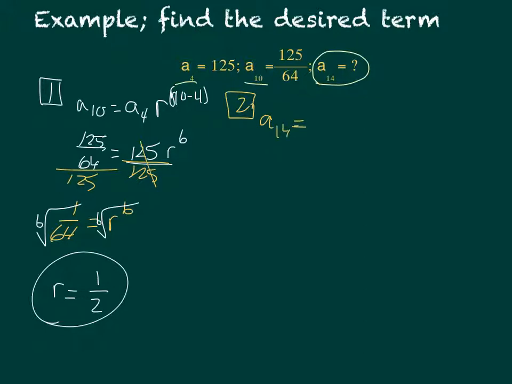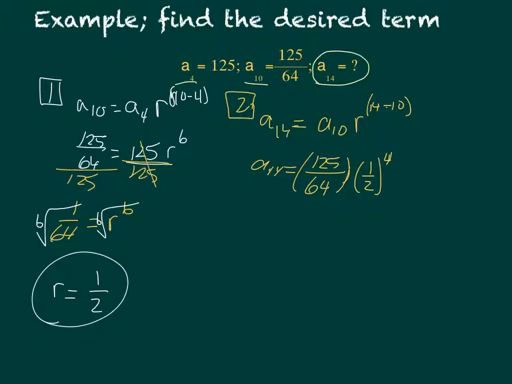A sub 14 is going to be, I pick either one of them, it doesn't matter which one. So if I pick my a sub 10 times my r to the power of 14 minus 10, not n minus 1 because I used 14 and 10. So that's what I'm going to do. So a sub 14 is going to equal a sub 10, which is 125 over 64, times my r, which is 1/2, to the power of 14 minus 10, which is 4.